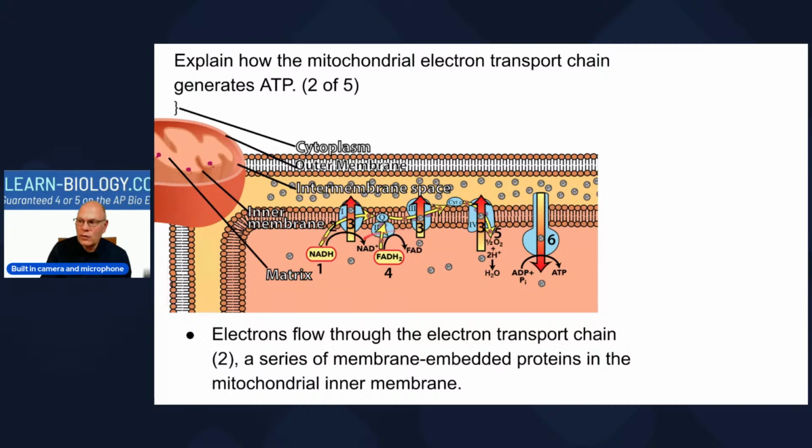Now, electrons flow through the electron transport chain, which is a series of membrane-embedded proteins in the mitochondrial inner membrane. I have always encouraged my students to think about these proteins as constituting a little biological wire, a wire that can carry current. So these are the batteries. They're providing electrons. The electrons flow along this wire.